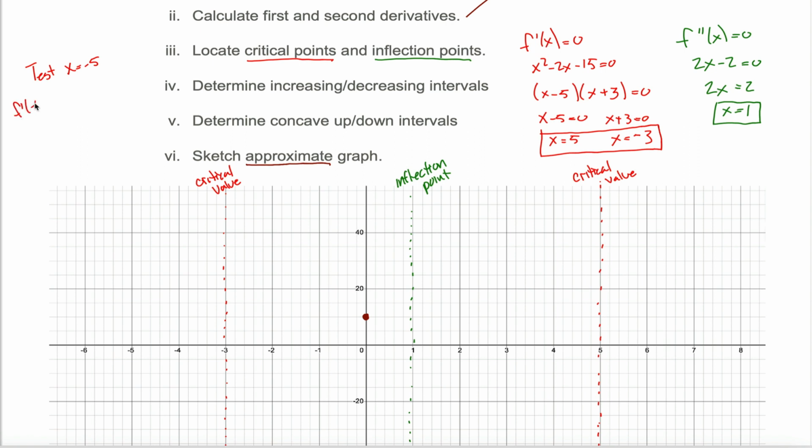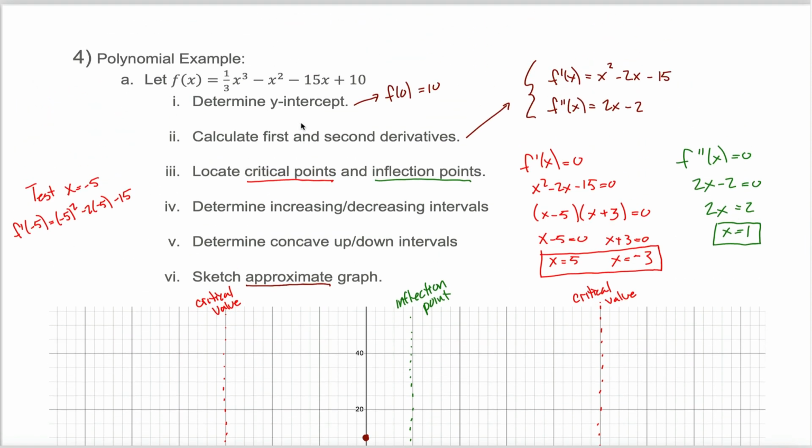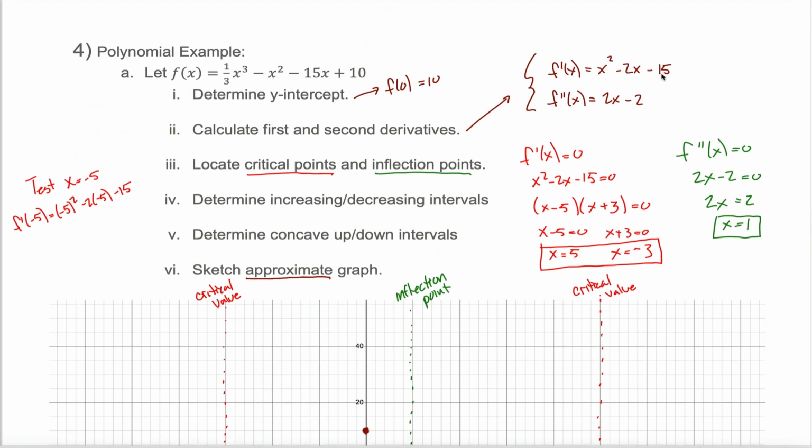F prime of -5 would be -5 squared minus 2 times -5 minus 15. Because remember, my first derivative is x squared minus 2x minus 15. If I figure out what number I get here, -5 squared is positive 25, -2 times -5 is positive 10, and then from that I want to subtract 15.